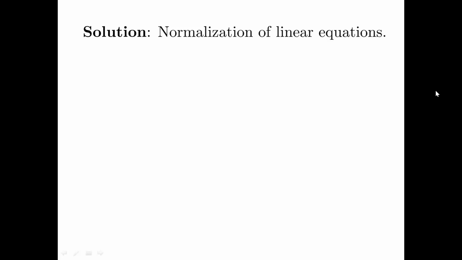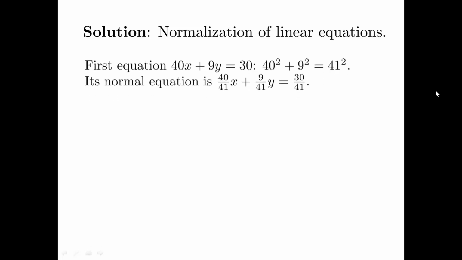Yes. The answer is normalization of linear equations. For the first equation, 40x plus 9y equals 30, we calculate 40 squared plus 9 squared equals 41 squared. So the normal equation is the original one divided by 41.